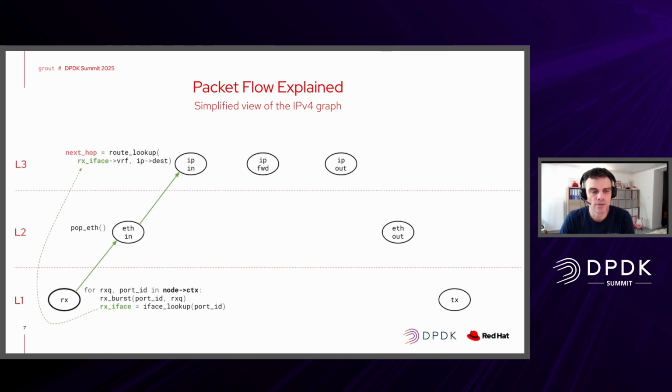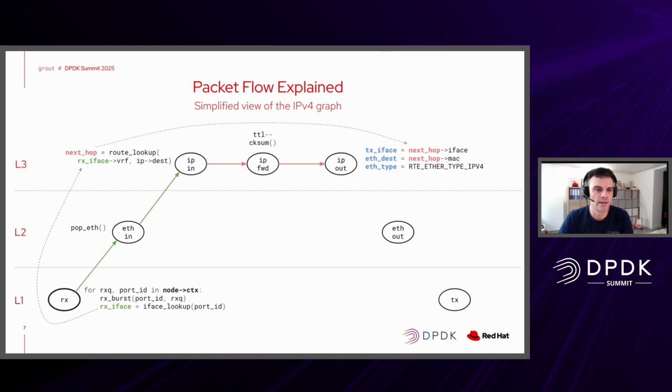So in IP input, now we have shifted the mbuf offset to layer 3, and we can do a route lookup based on the receiving interface, which gives us a next hop. And then while at layer 3, we can do TTL decrementation and recalculate the checksum.